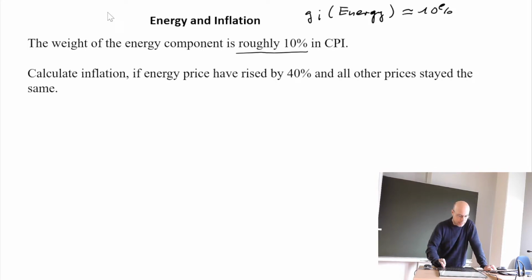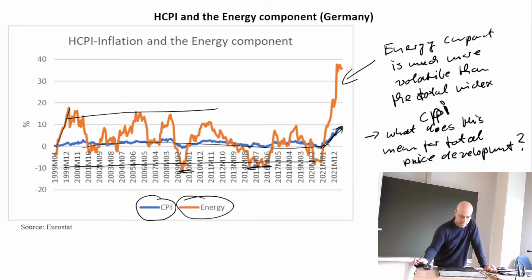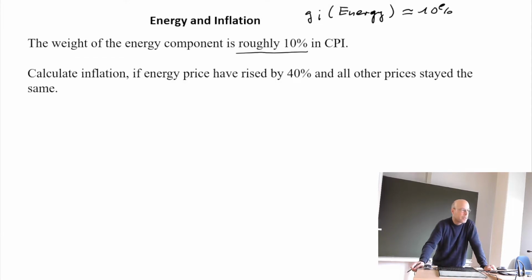So, and now we go to our actual situation where energy prices went up by about 40%. And now I want you to calculate inflation based on the assumption that all other prices stay the same and only the energy component goes up by 40%.